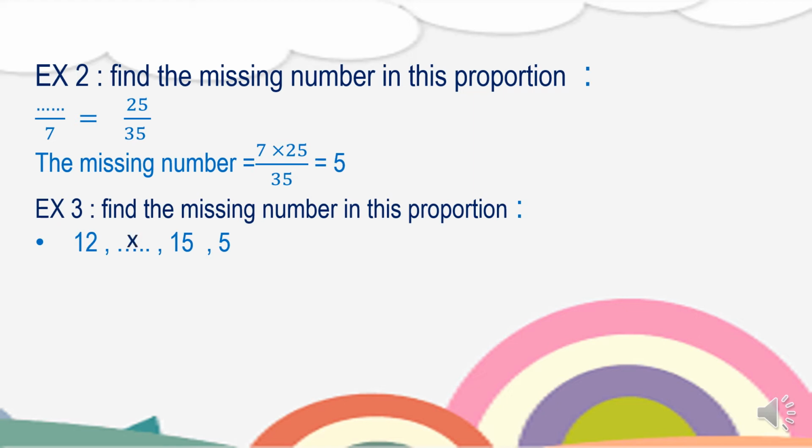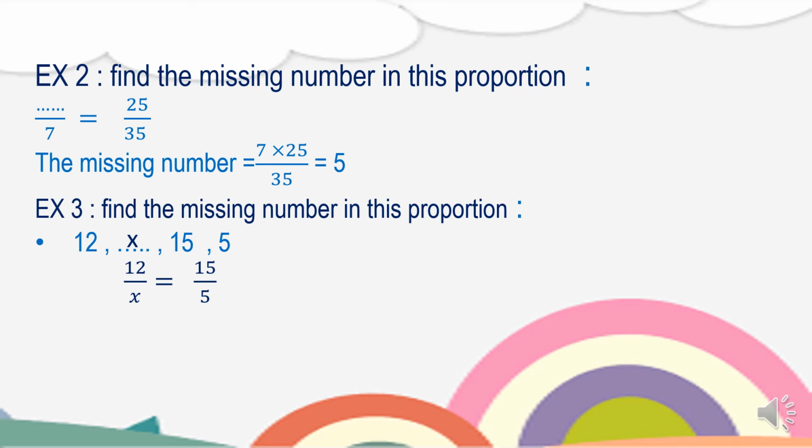So what do I do? I put a symbol in the dot, such as x, a, y, z, whatever. Okay, Junior 6, I put x in the dot. And I write it as a proportion. So I write 12 over x, because 12 is the first term, and x under it because x is the second term.